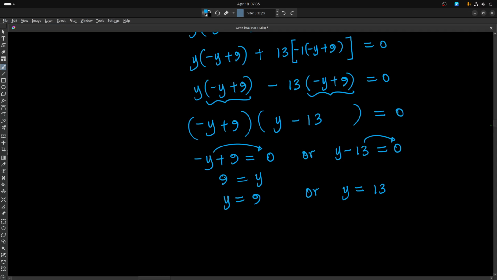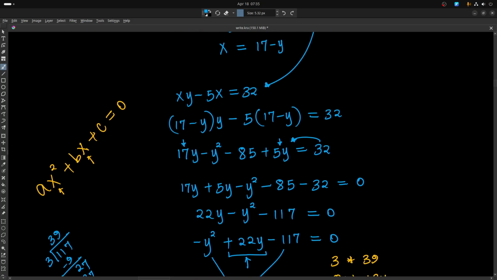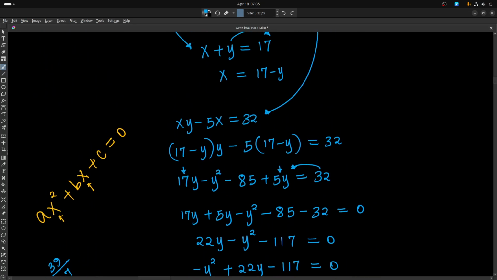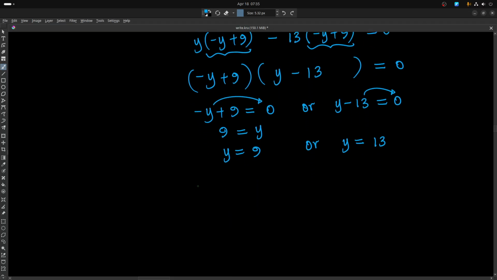But remember, we must also find the values of x. And what was x? X was 17 minus y. So we bring that down here and we say x is equals to 17 minus y.